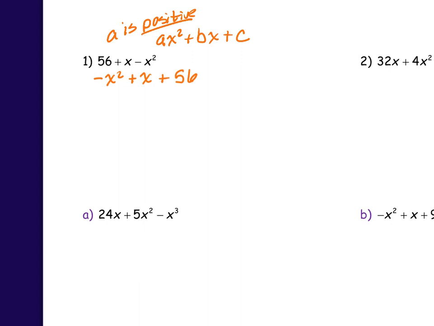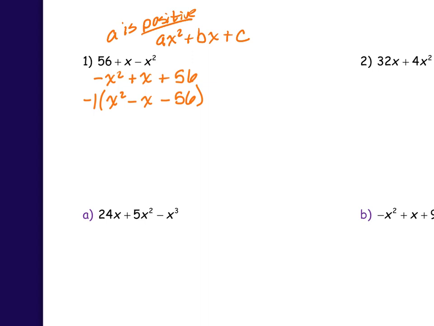So can I factor anything out to make a positive? Yeah, I can factor out a negative 1, and all that does is change all my signs. So that makes x squared minus x minus 56. Let me show you how that works.